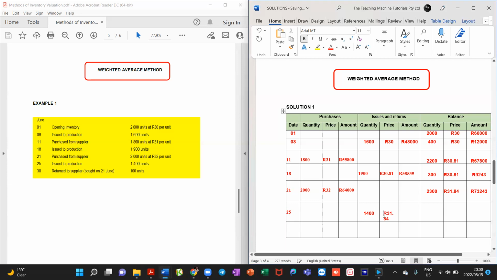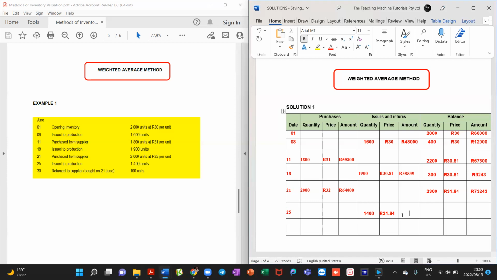All right, so we can multiply 31.84 times 1.4, which is 44,576. Perfect.